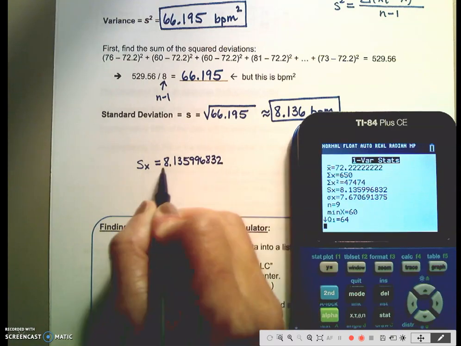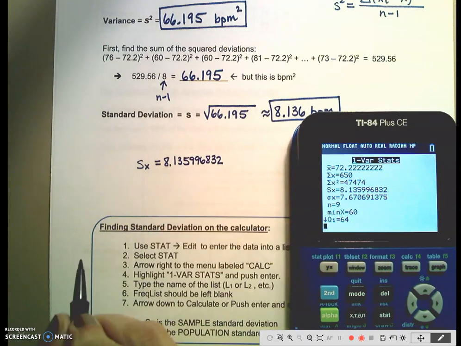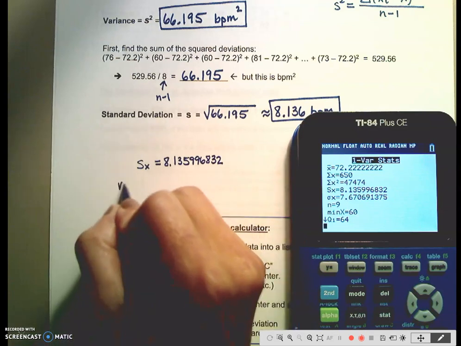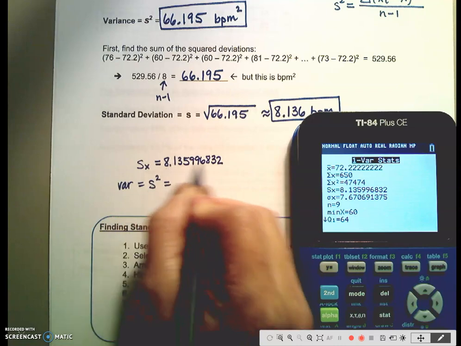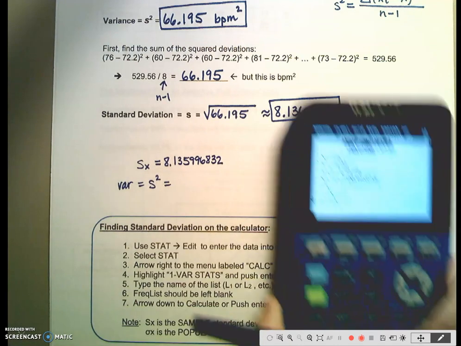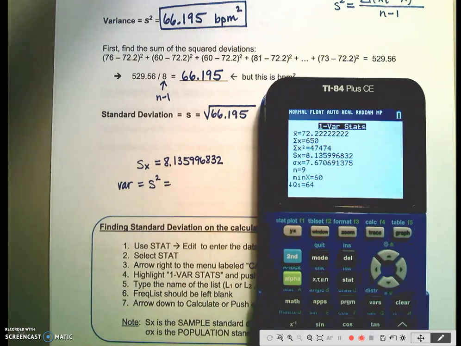Go ahead and take all of the decimals and write them down. And if you wanted to get the variance, you could take that amount and square it. The reason you want to write it down is because as soon as you start typing, like 8, you saw it went away. So you can't see it anymore.